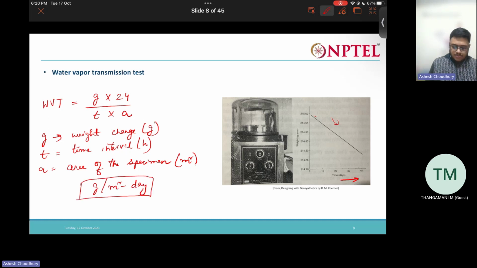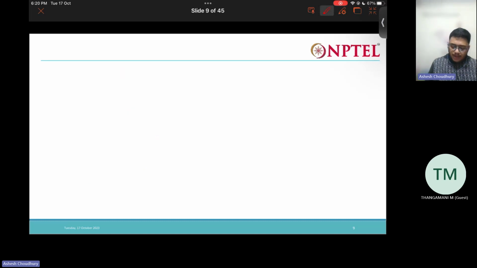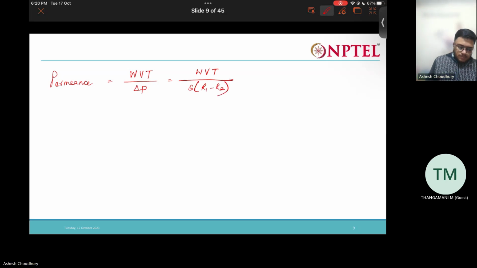Allied to water vapor transmission, there are some other properties. Let me write those down. We have one more property which is known as permeance. So what is permeance? Permeance is given by water vapor transmission divided by the change in vapor pressure, S into R1 minus R2.